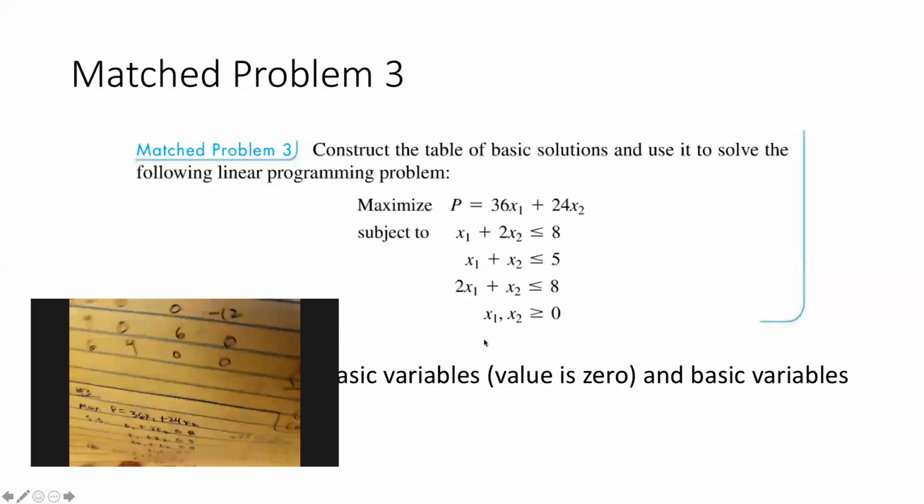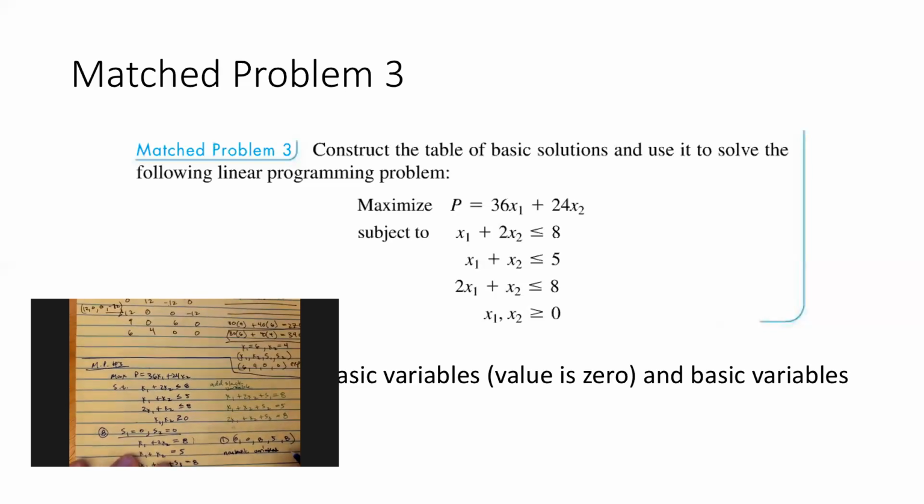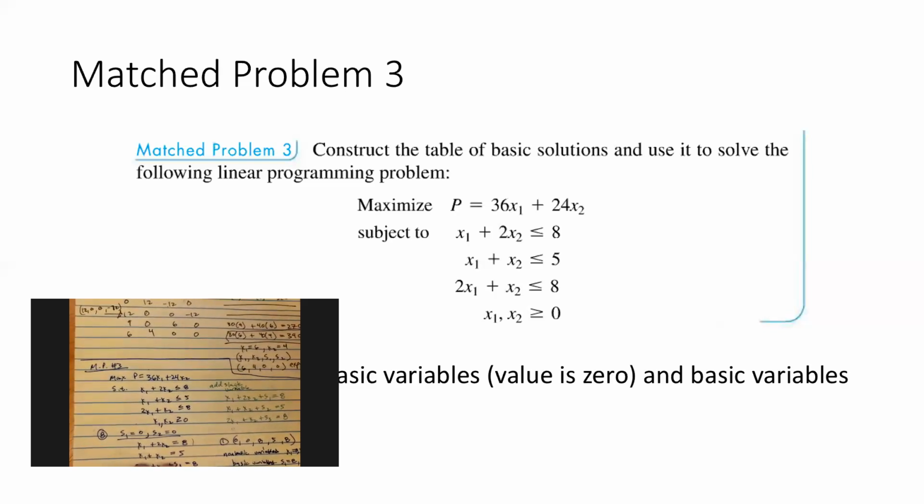So in this case, my non-basic variables are x1 equals 0 and x2 equals 0. And my basic variables are S1 equals 8, S2 equals 5, and S3 equals 8.